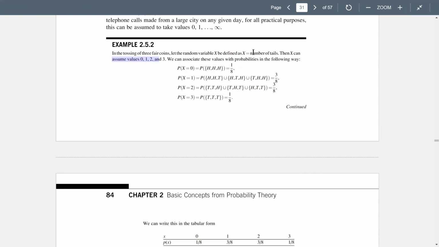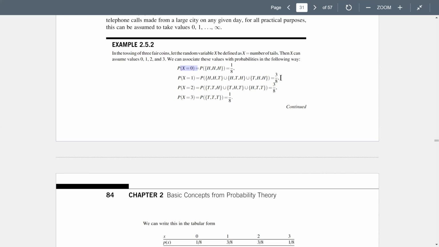X is number of tails. So 3 heads, that means no tail, X equal to 0. So this random variable X stands for number of tails out of the experiment of 3 coins tossed at once. So you have X equal to 0, probability is 1/8. X equal to 1 is HHT or HTH or THH.